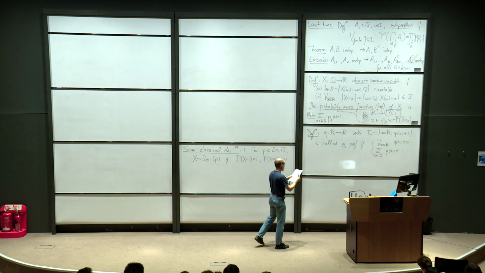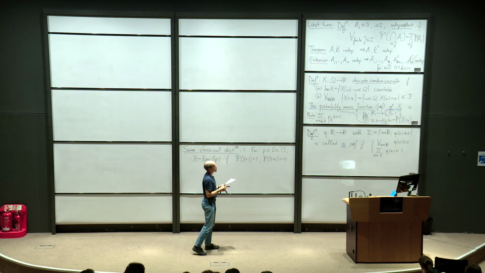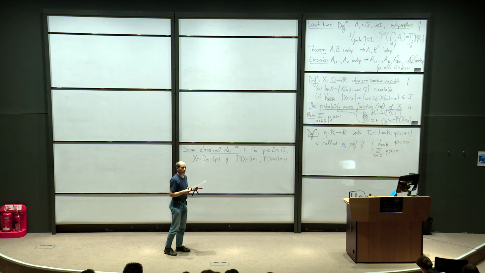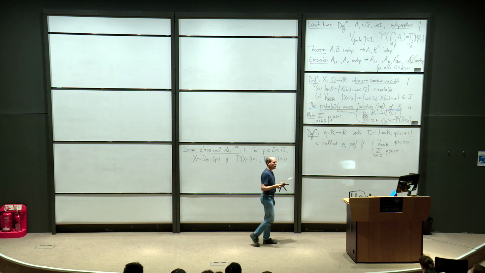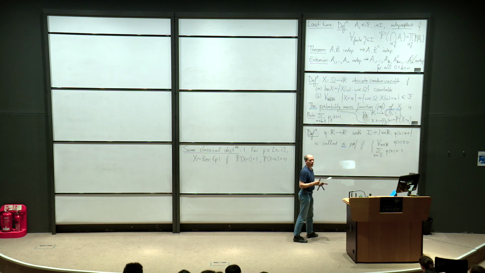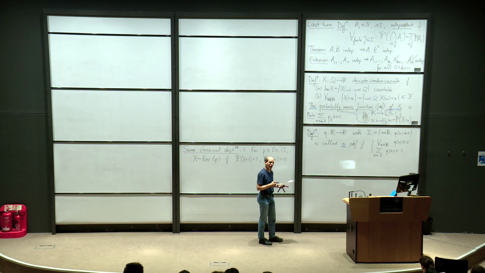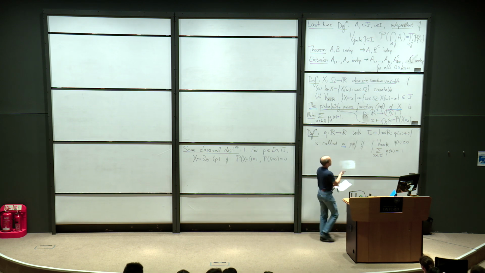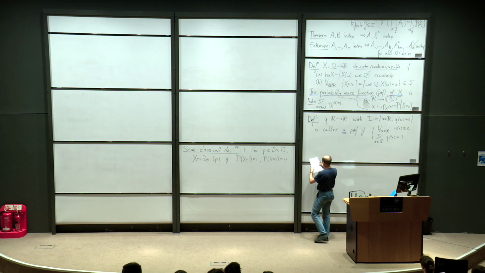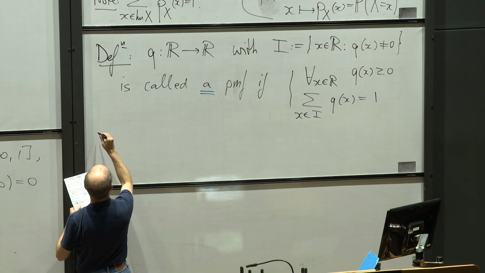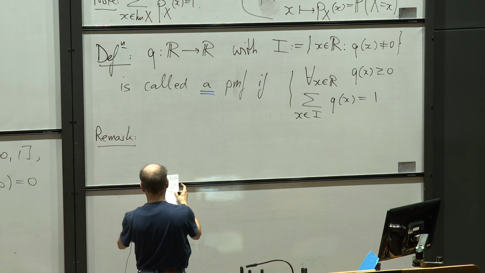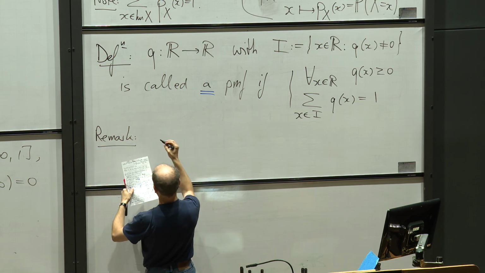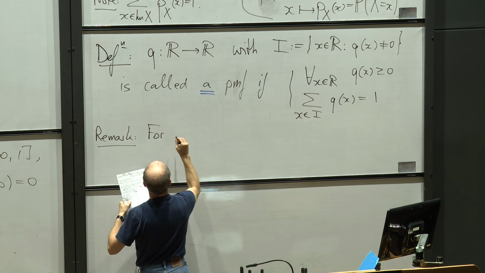And with that notion, of course, there are now some natural questions that you can ask, such as, is there always a random variable whose probability mass function this is? And that is the question that justifies this terminology, or rather the answer, yes, justifies this terminology. Let me not make a big meal of that, but let me say here is a remark. The remark is that we can always define a sample space.